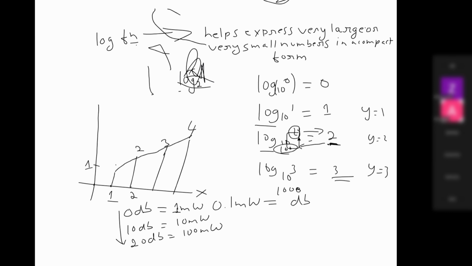Instead of representing actual y values, I will represent the relative values. What will that relative value do? If I take that relative value and multiply by 10, I will get the actual value. So that relative value I will represent in the graph instead of the actual value. That relative value is only this decibel. So how can we use this logic in our calculations here? That is what we will see in the next section now.